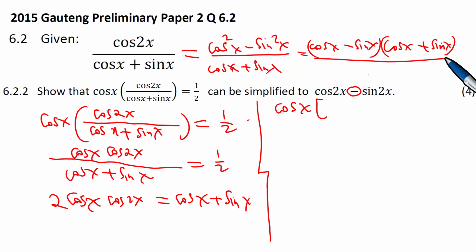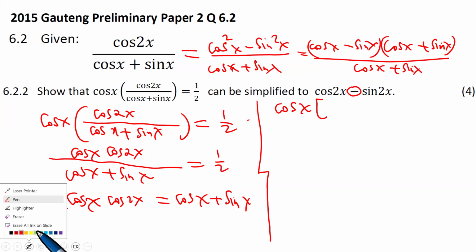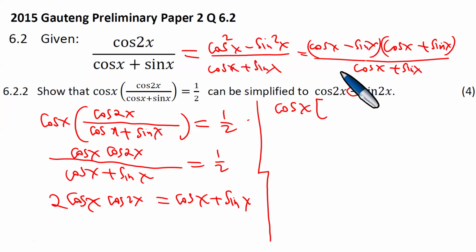What am I giving as a hint here? In mathematics, always try to use the previous answer. Normally the examiners, in the same question, 6.1, 6.2, etc., so for instance, this one is going to cancel this, and therefore this is cosine x minus sine x.